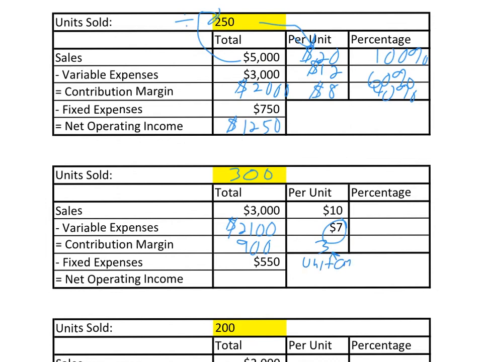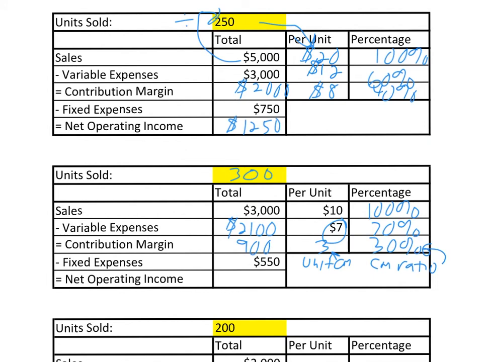And let's do the percentages. We have 100% is always sales. 7 divided by 10 is 70% for variable expense ratio. 3 divided by 10 is 30% for CM ratio. So that's unit CM. Here's the CM ratio, just to make sure that we're on the same page here. Notice also, to quickly show you, if you put 900 divided by 3,000 in your calculator, you'd end up with 0.3, which is that same 30% CM ratio.